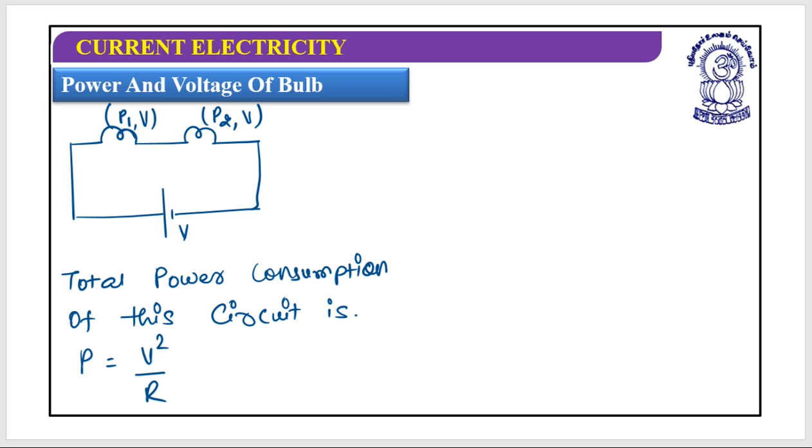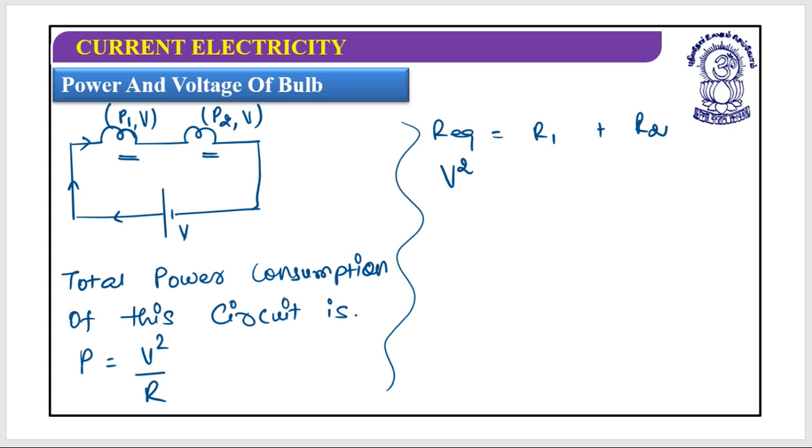Now as I understand that these two bulbs are connected in series, can I write R equivalent equals R1 plus R2. And as I write R equivalent, I can write V square divided by P equivalent equals V square by P1 plus V square by P2.